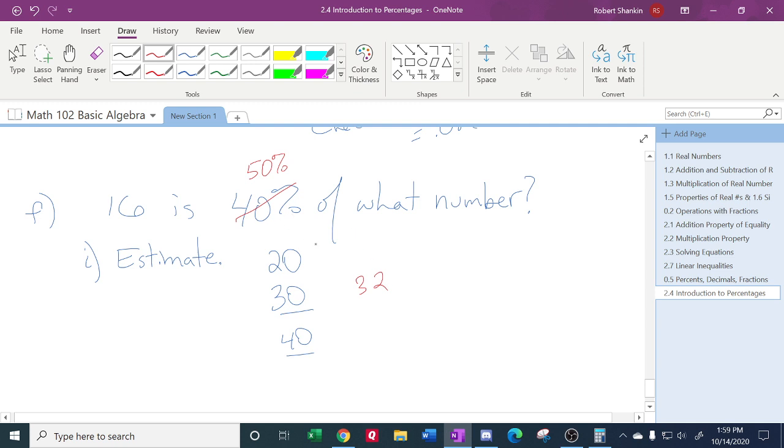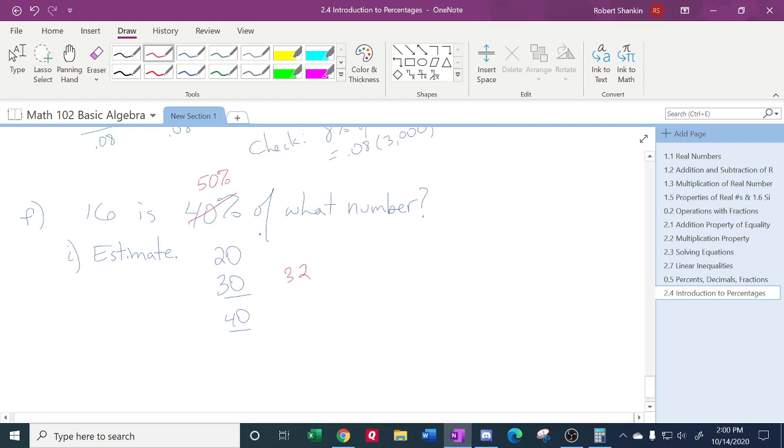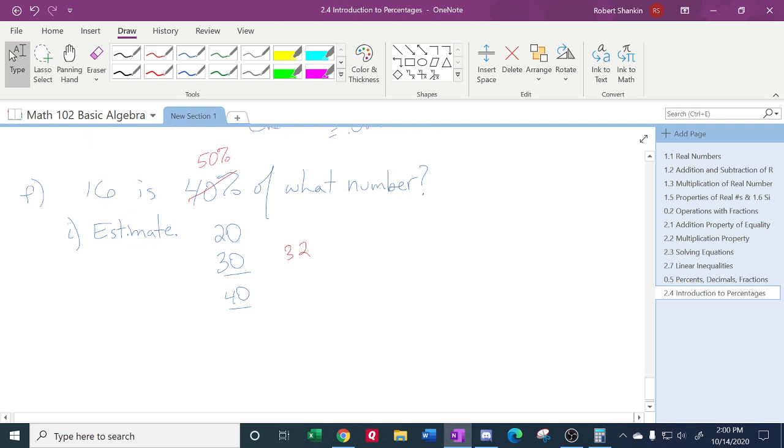And because half of 32 is 16, that's a reasonable estimate. All right, so now make your equation and solve your equation. Actually, don't put it into your group quite yet. Everybody solve it individually. Write your equation, solve it, and at my cue, put it into your group chat.